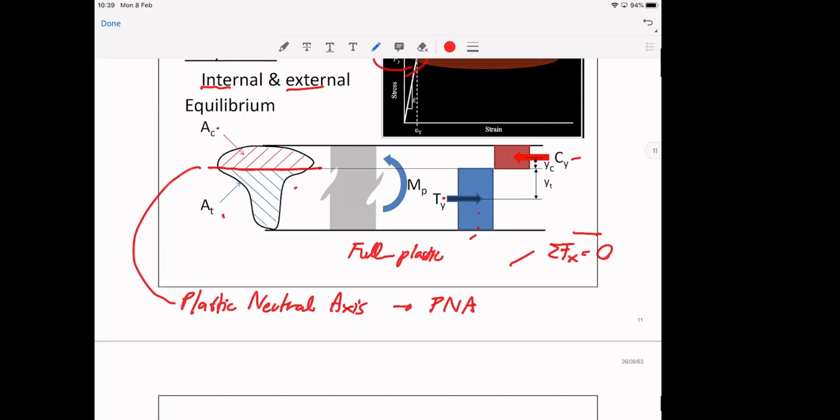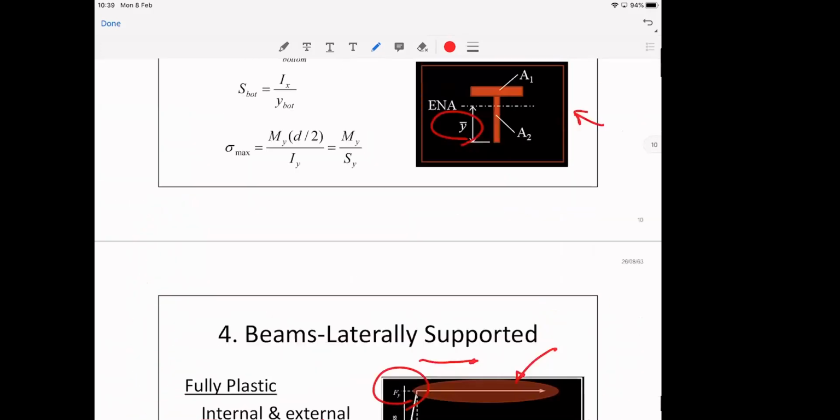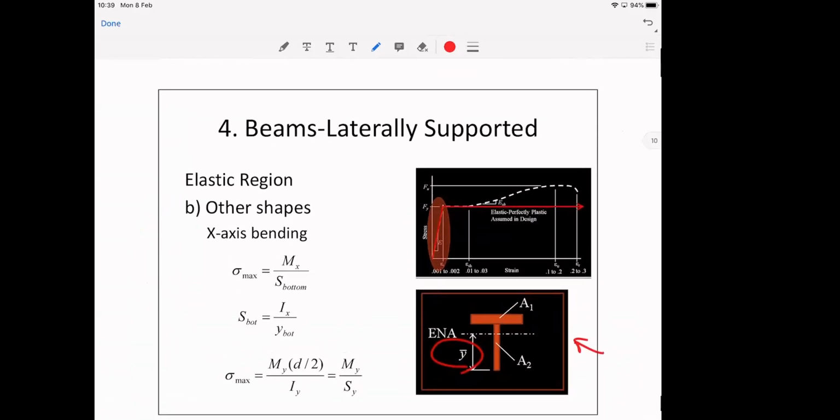If you can recall, when you calculate your elastic section modulus, that is based on elastic behavior, you can use I over c. And this is where the neutral axis is, and that is called the elastic neutral axis. You can locate this elastic neutral axis by finding the centroid of your cross section.